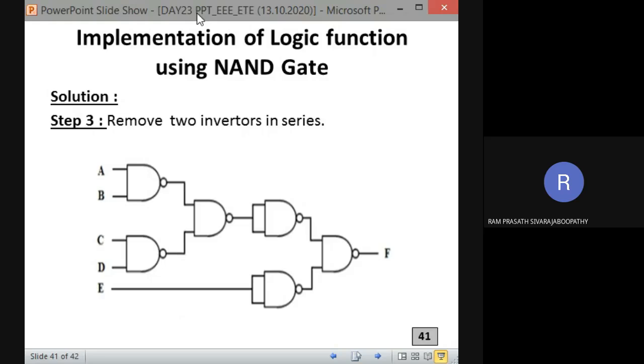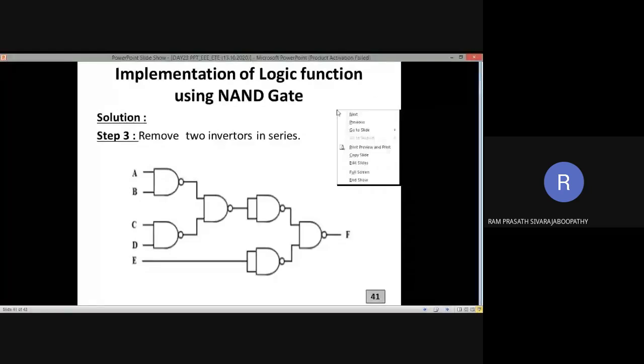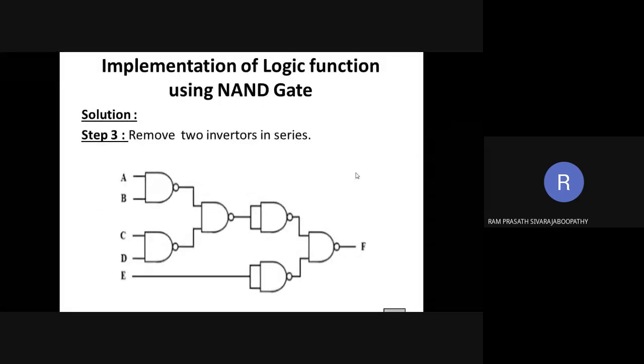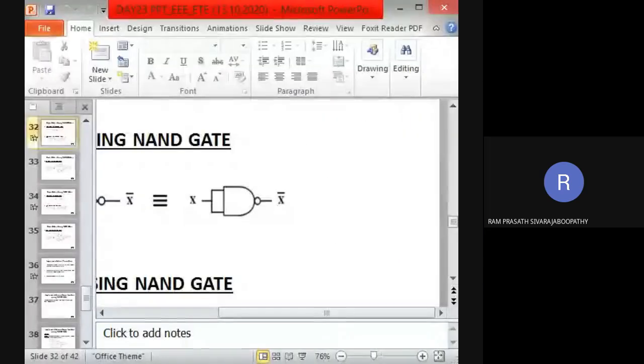No. Okay, fine, now I will try again. Is it visible now? Kindly type it in the chat. Yes, okay. So I will follow the same steps.